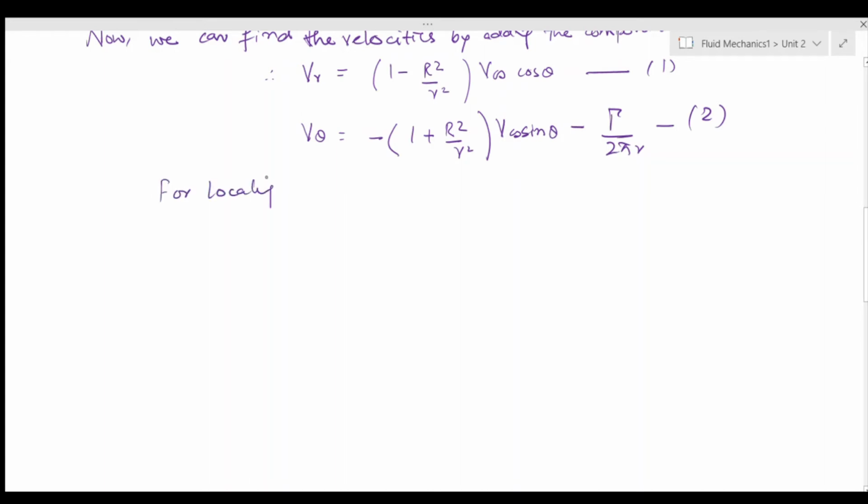So for locating the stagnation points, we would put V_r equal to V theta equal to 0.